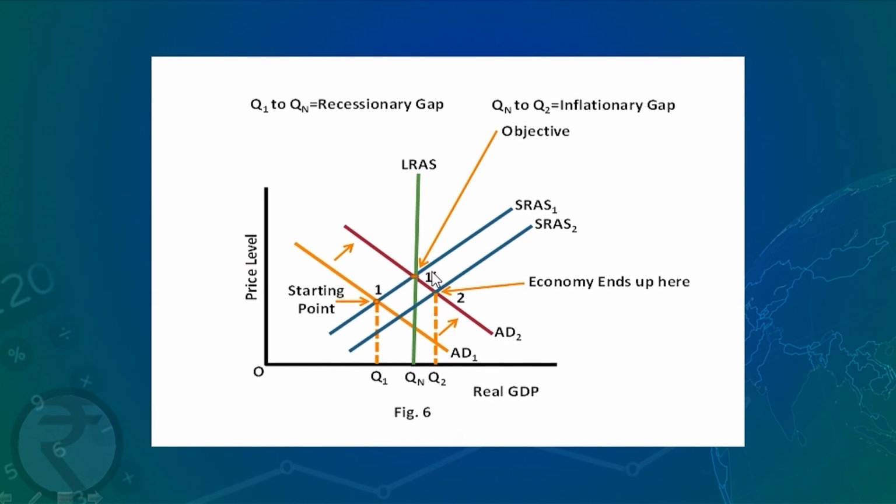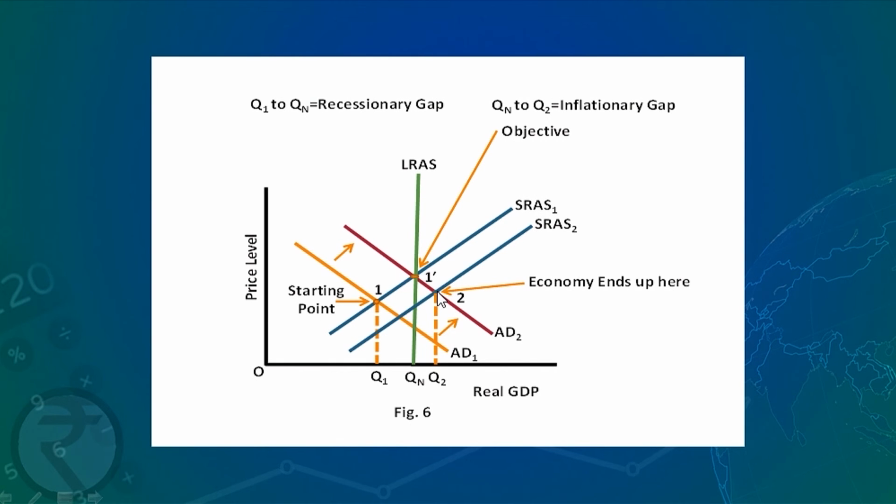But actually, due to the increased expenditure, there is deficit financing in the economy and supply is increased, and the supply curve now shifts to SRAS2 and the equilibrium is now shifted to point 2, where the new aggregate demand curve AD2 and aggregate supply curve SRAS2 are intersecting each other.